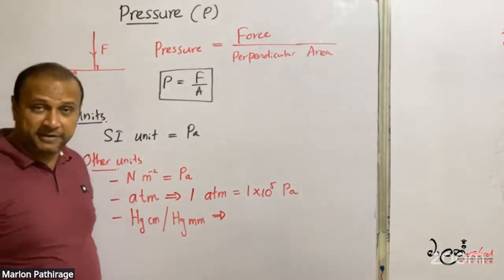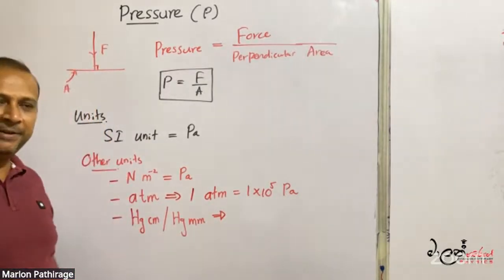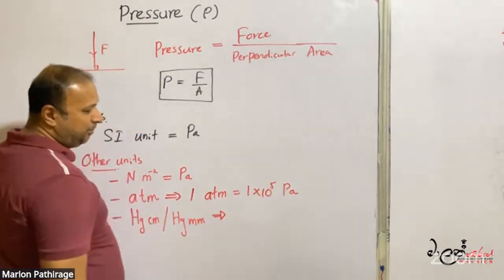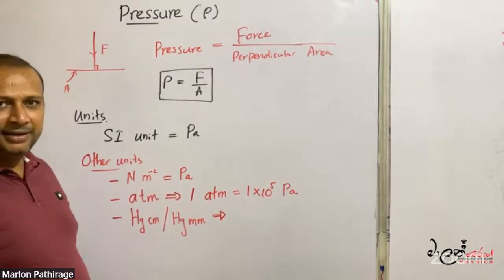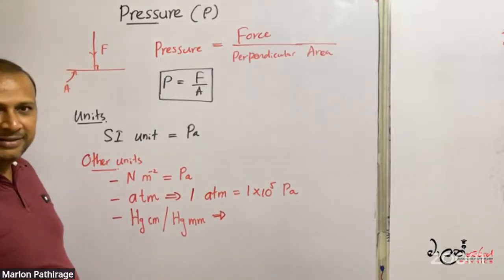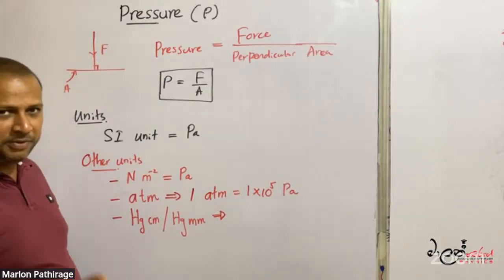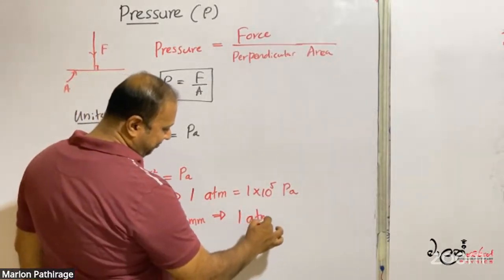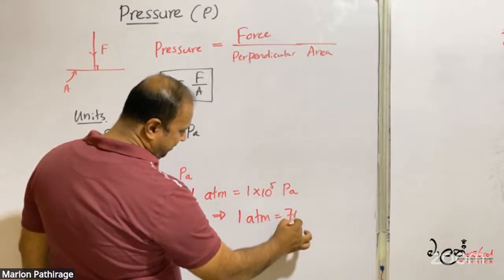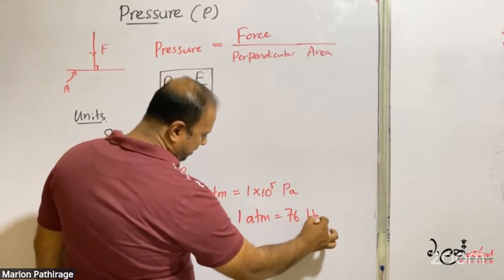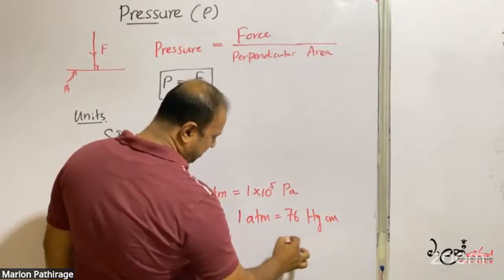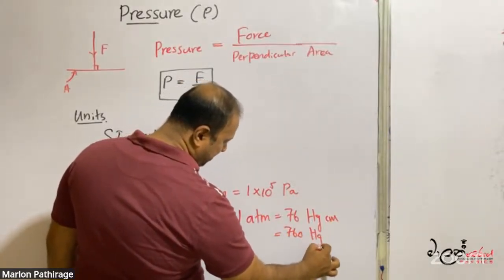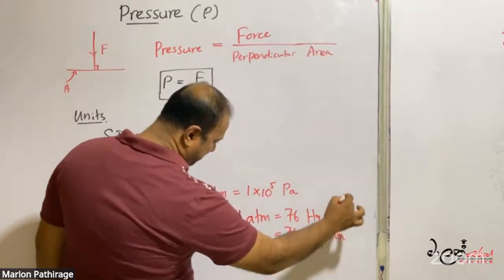You know atmospheric pressure: 1 atm is 10 to the power 5 Pascal. 1 atm is equal to 76 mercury centimeters or 760 mercury millimeters.